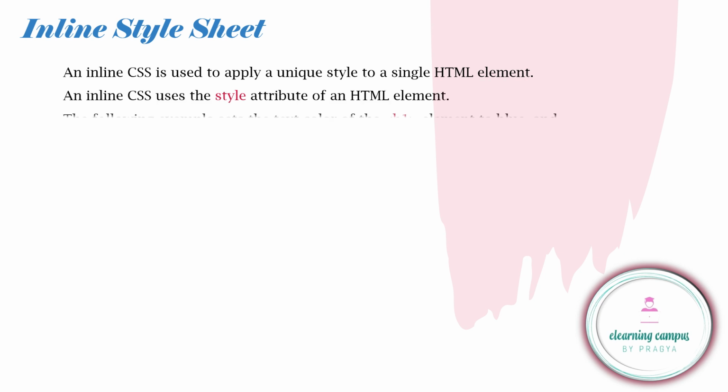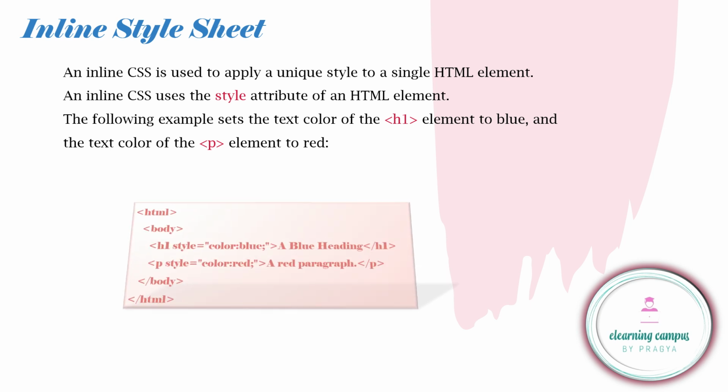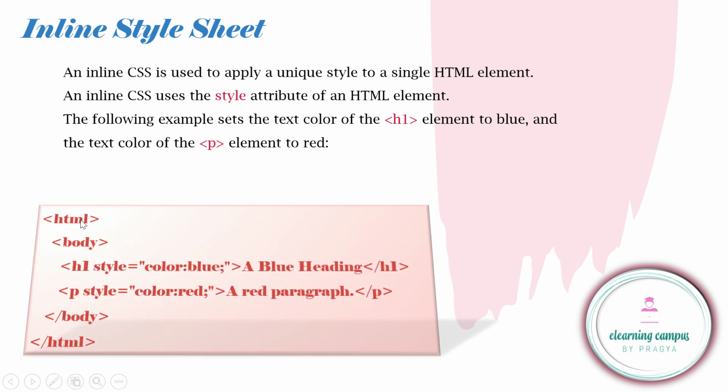For example, this is an inline style sheet. Here you can see I have used the HTML tag, body tag. Inside the HTML and body tag I am using header h1. And now I want to change the color of the text that I am putting in this header. So what I am doing: h1 style attribute equals double quotes color colon blue.